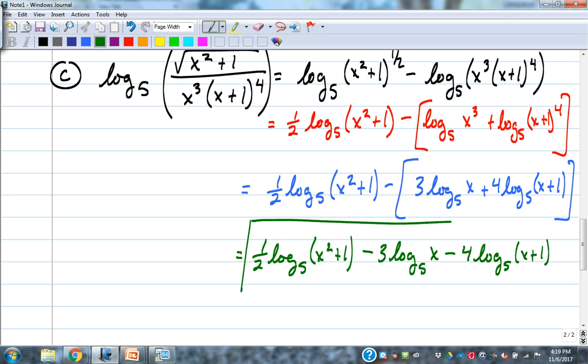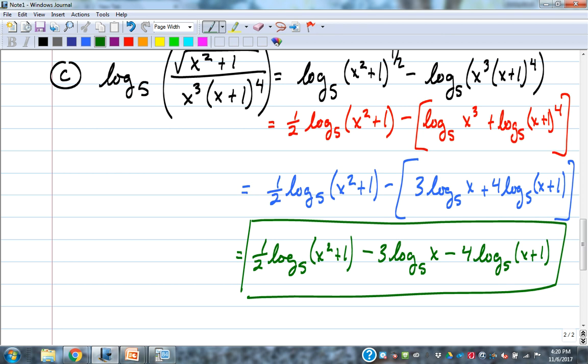And this would be correct. The blue one is also correct. But this one, the one with the negative sign distributed to both of them, is the most like what you're going to see on a final exam or a test or something like that, with that negative all distributed.